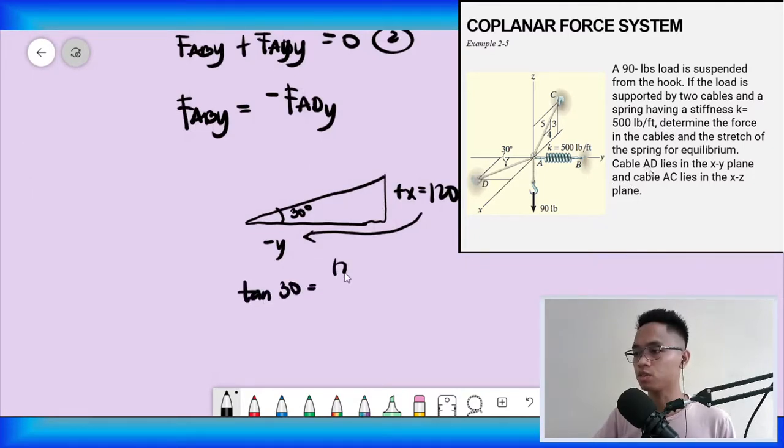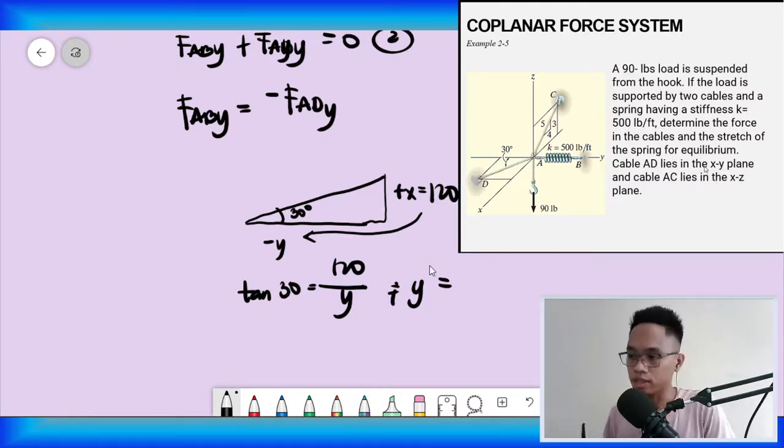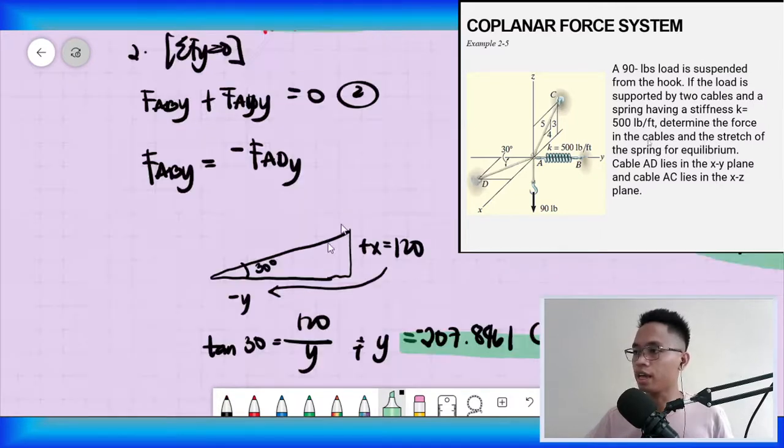That is opposite 120 over adjacent, that is Y. Therefore, Y is equal to 120 over tangent 30, which is 207.8461. I will just store this to A. Take note that this is in the negative y direction, so this would be negative 207.8461. So we have already the value of your FAD.